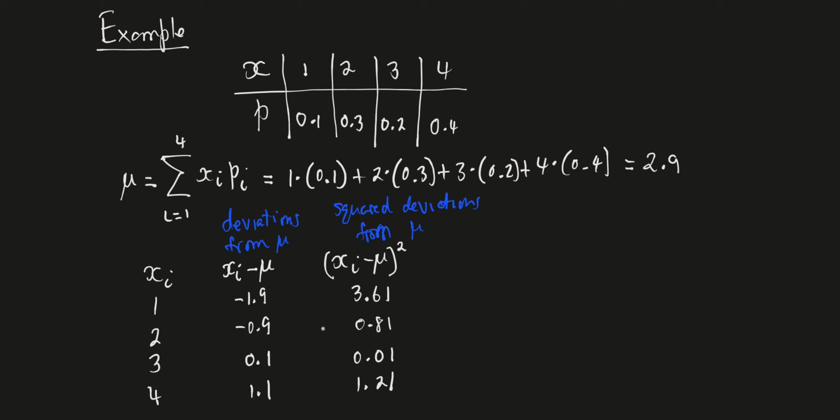And this calculation right here gives you the deviation. But many times we don't really care if the x value is less than or greater than the mean. We just want to know how far the x value is from the mean. So we want to somehow get rid of the negative values.